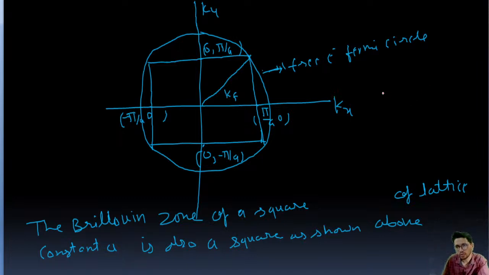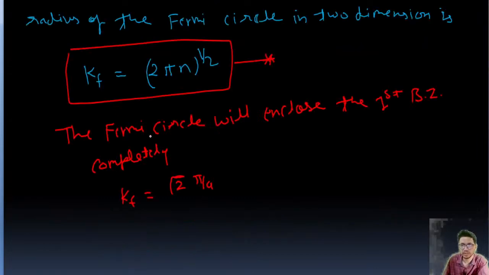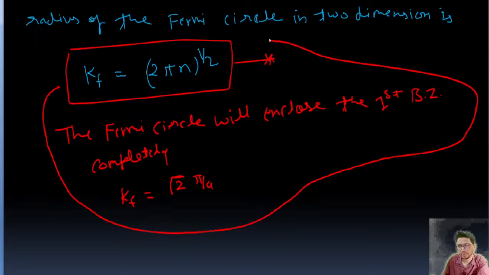Pi upon a we can take common, so this is going to be root 2 pi upon a. This is the distance, this is the radius. So the radius of this must be equal to root 2 pi upon a. Very important. These points are very important. I have written in red.